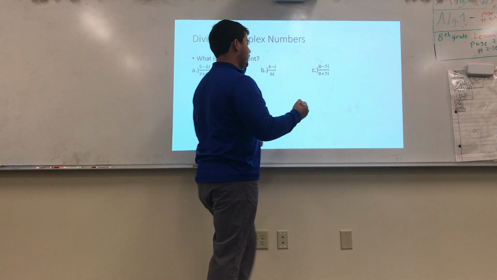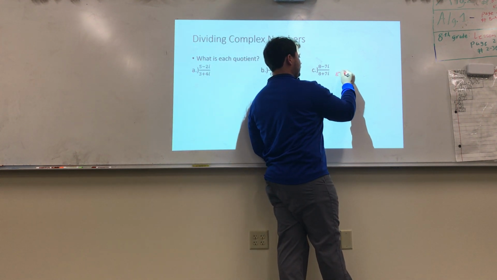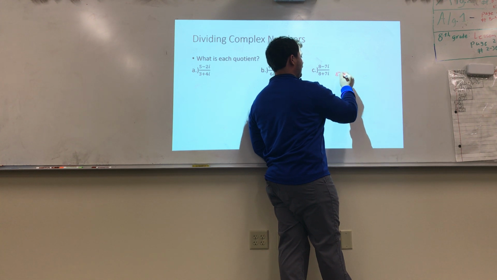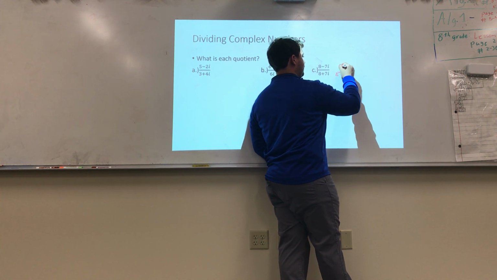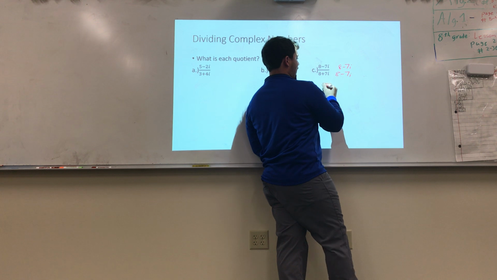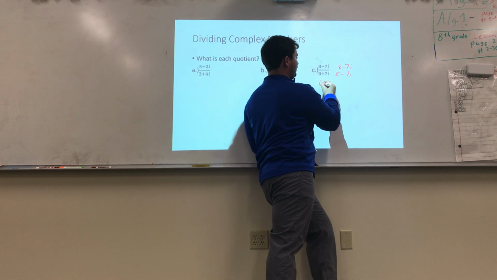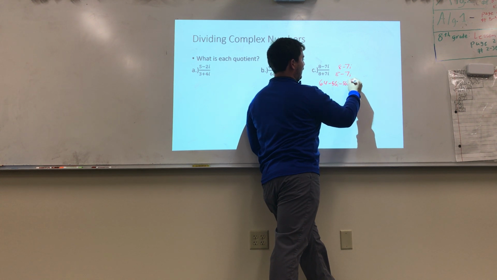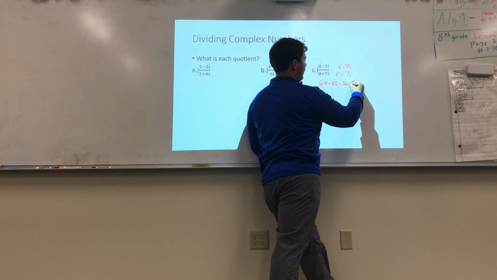This one, we multiply by 8, no, it'd be minus 7i. We do the same to the top. On the top, we're going to get 64 minus 56i minus 56i, and then plus 49i to the second.